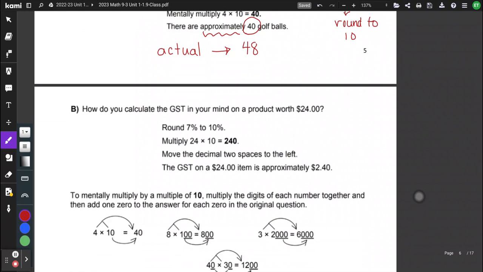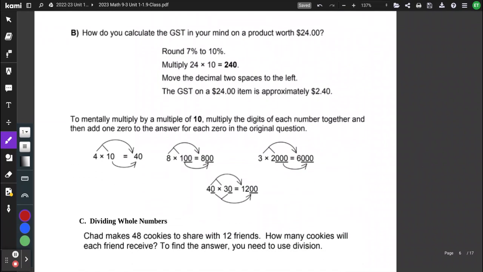Okay? Another time we estimate is when we're talking about money. When we talk about money, we tend to estimate as well. So we're going to round again to tens. This one says 7%. Well, if we round 7% to 10%, because 7 would round to 10, 10% of any number is just take off a 0 or move your decimal. So 10% of this number, I move my decimal over.